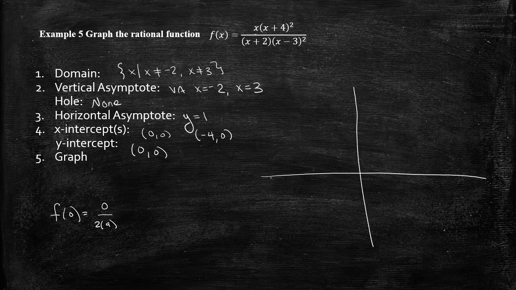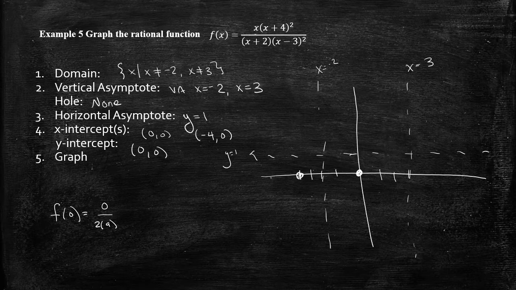Okay, so our vertical asymptotes, there's one at x equals -2, one at x equals 3, and then our horizontal asymptote at y equals 1. Our graph is going to go through the origin and also (-4, 0).